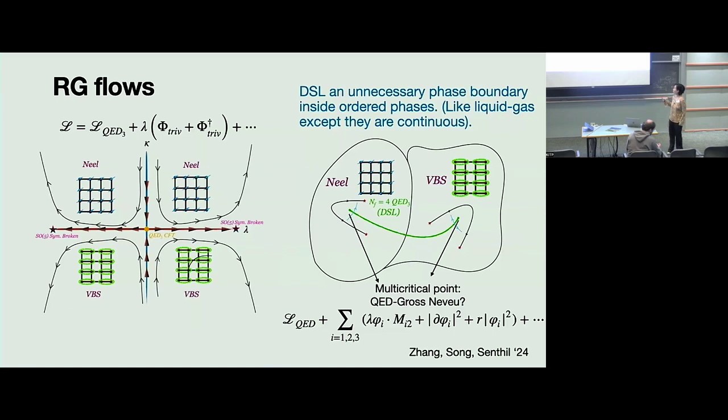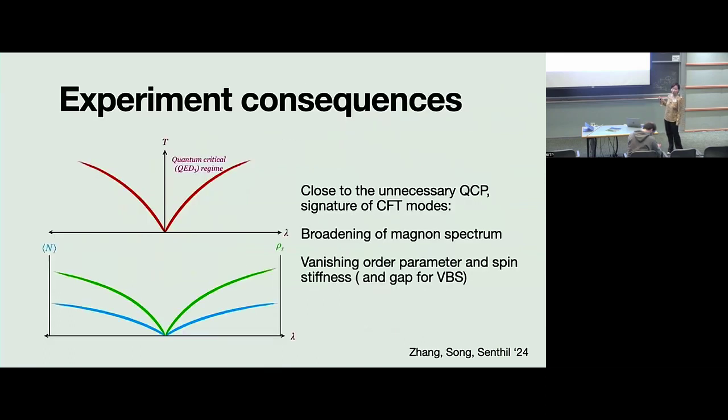Right, thanks for the question. I skipped this slide. The critical point will have signatures in the physical observables, namely the order parameter and the spin stiffness will vanish as a power law as you tune across the critical point. And for the VBS, the gap will also vanish. That's the usual quantum critical fan story in a phase transition.